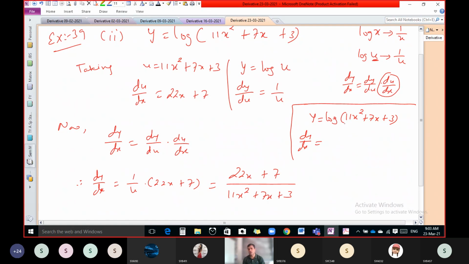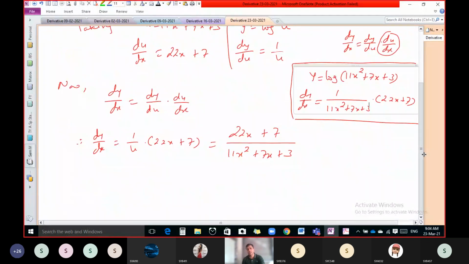You think of this as your u, so the derivative of log u is 1 upon u, that means this one, into the derivative of u with respect to x, that is 22x plus 7, and that is your final answer. You can write this type of question directly, but listen, in an exam if the same question is there with 3 to 4 marks, you have to mention this particular method. But for big examples in which we need to find the derivative of this type of function, you can write directly.